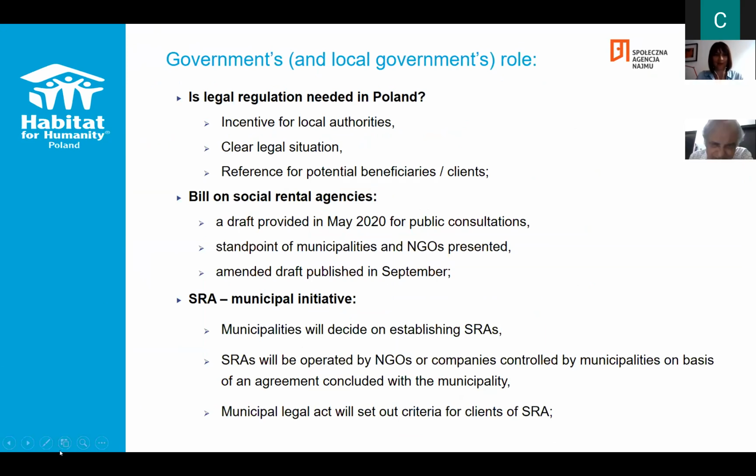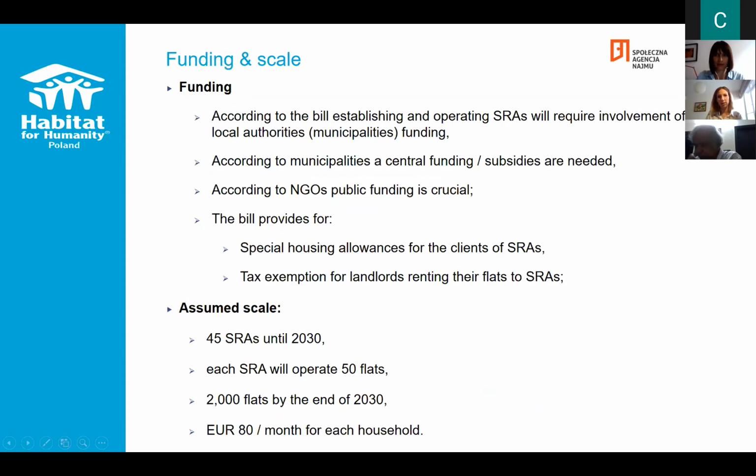Hello, everyone. So just to be very brief, but also to indicate what's the most important in this aspect. As Agnieszka mentioned, in Poland, social rental agencies are not a government-led housing solution, at least not yet. But at this point, the Polish government is working on a legal regulation of SRAs.